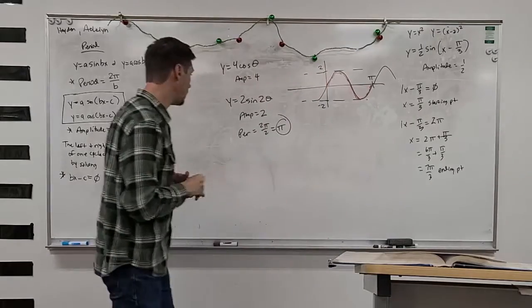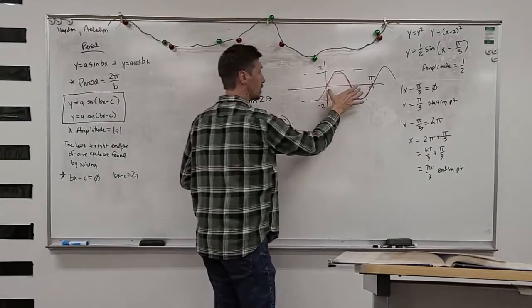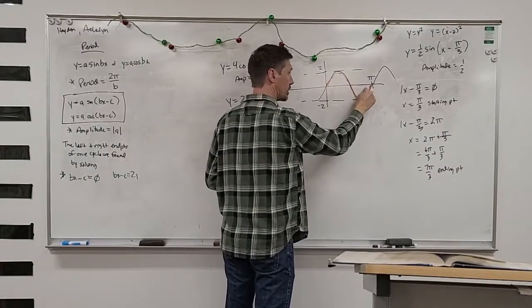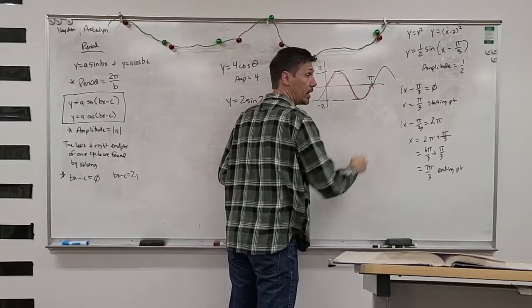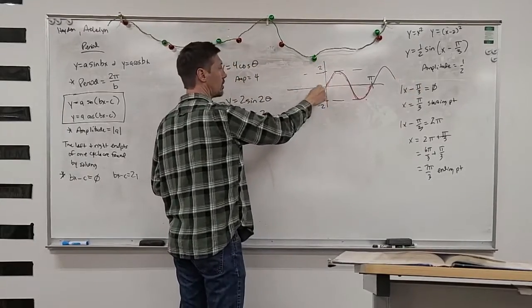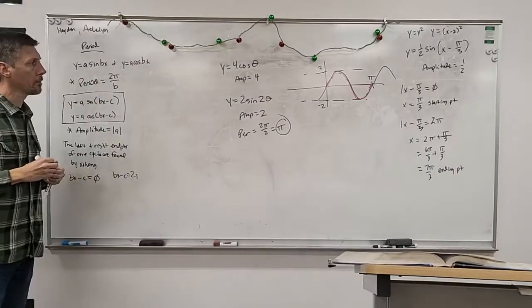And we said our period was pi, so it'll repeat itself every pi. So when you go from 0 to pi, it looks that way. When you go from pi to 2 pi, which is another pi, it looks that way again. In this direction, as you go from 0 to negative pi, it's going to look the same. Does that make sense? Yes.